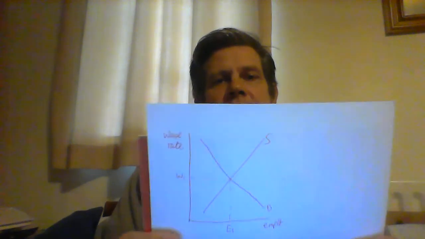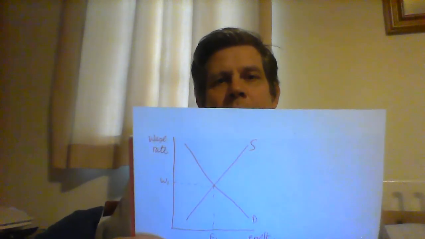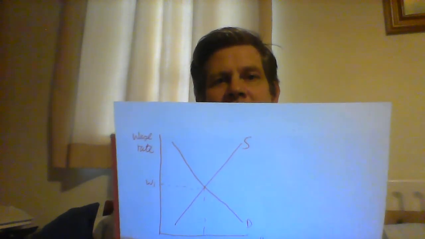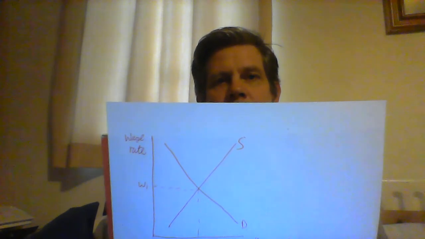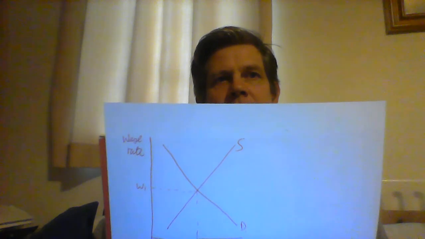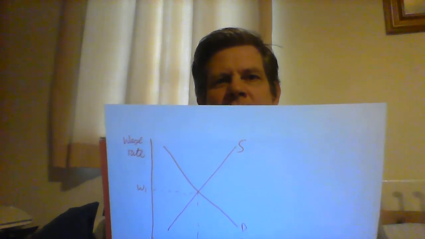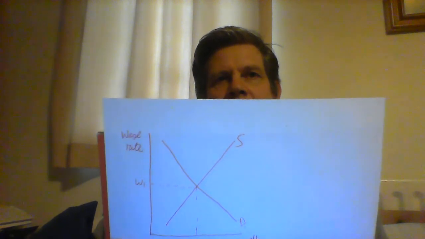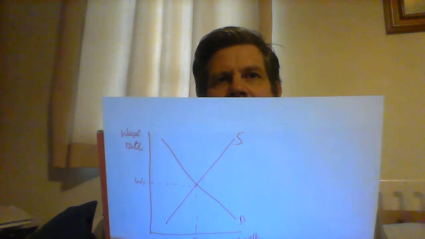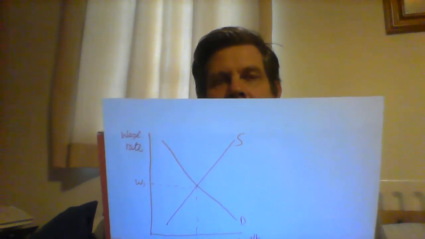Generally speaking, firms will demand more labour when the wage rate falls because it becomes cheaper to hire people rather than using capital. So the classical school view is that the labour market will come into equilibrium at general equilibrium, where the supply of labour equals the demand for labour. The labour market will clear, it will naturally come into equilibrium, and you call the equilibrium level of employment the natural rate of employment.